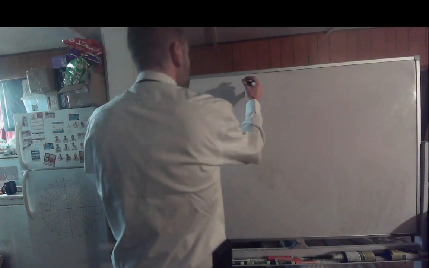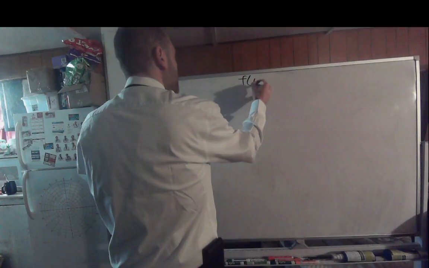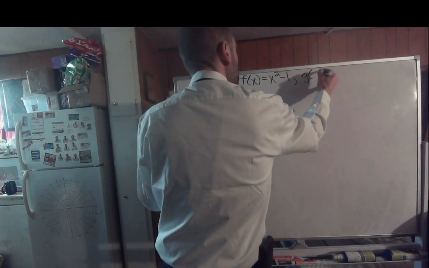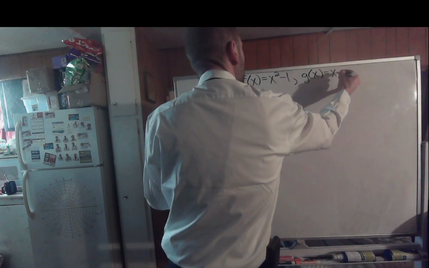All right, let's shift gears a little bit. Let's see, f of x equals x squared minus 1. g of x equals x minus 2.